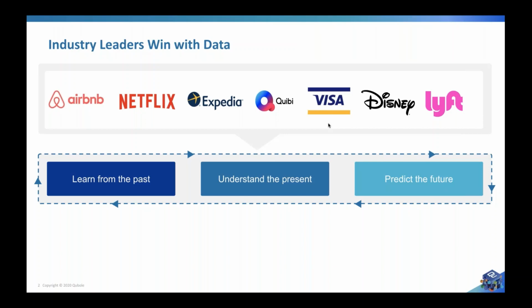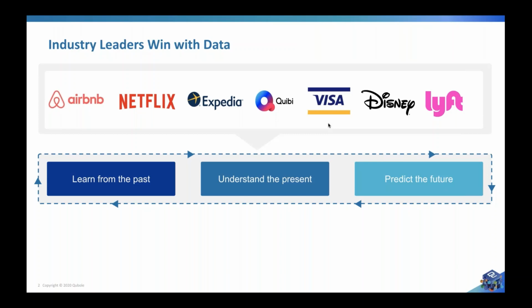They can get value from the data, and then using the data, they can grow much faster than their industry peers. So Qubole has been working with some industry leaders like Airbnb, Netflix, Expedia, Visa, Disney, Lyft. We have had pretty large users.